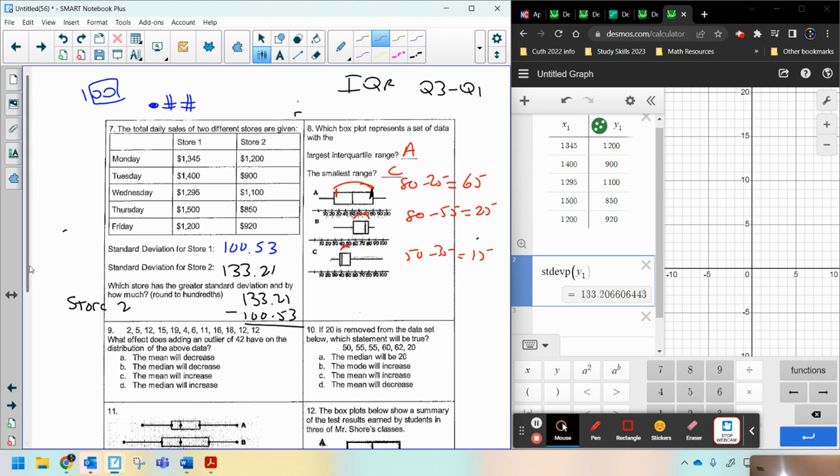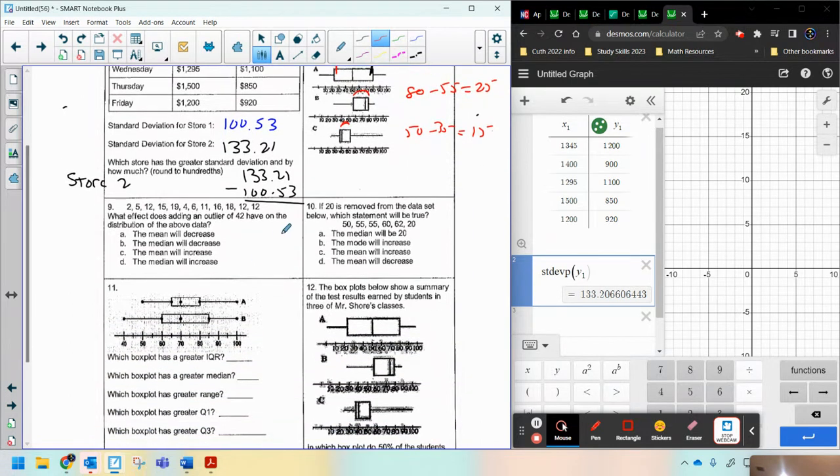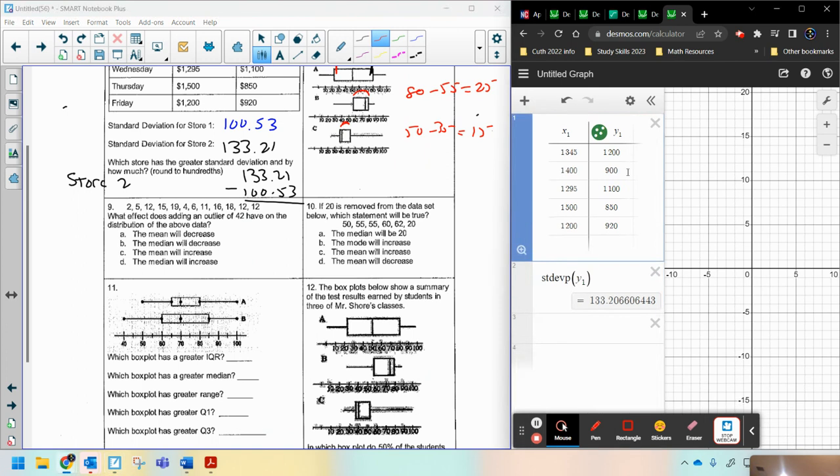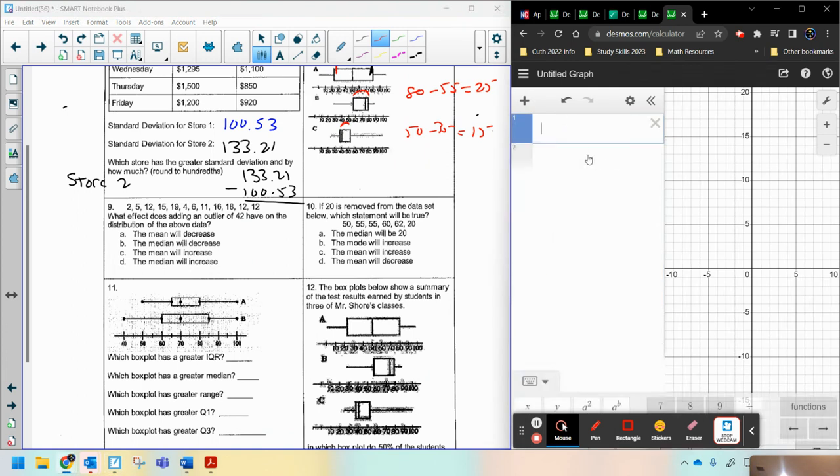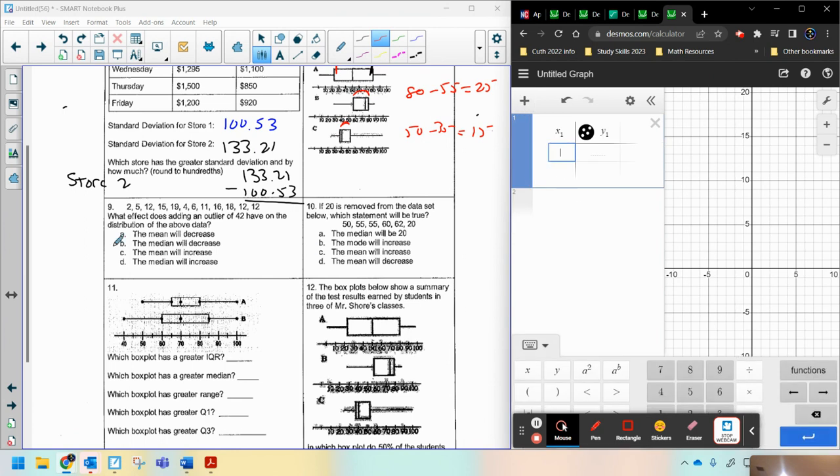All right, let's look at number 9. We have all this data here, and then we're going to add an outlier. So let's do this in Desmos here. All right, we're going to start a new Desmos to enter our data. We hit the plus button and we get to the table here. And we're going to do 2, 5, 12.